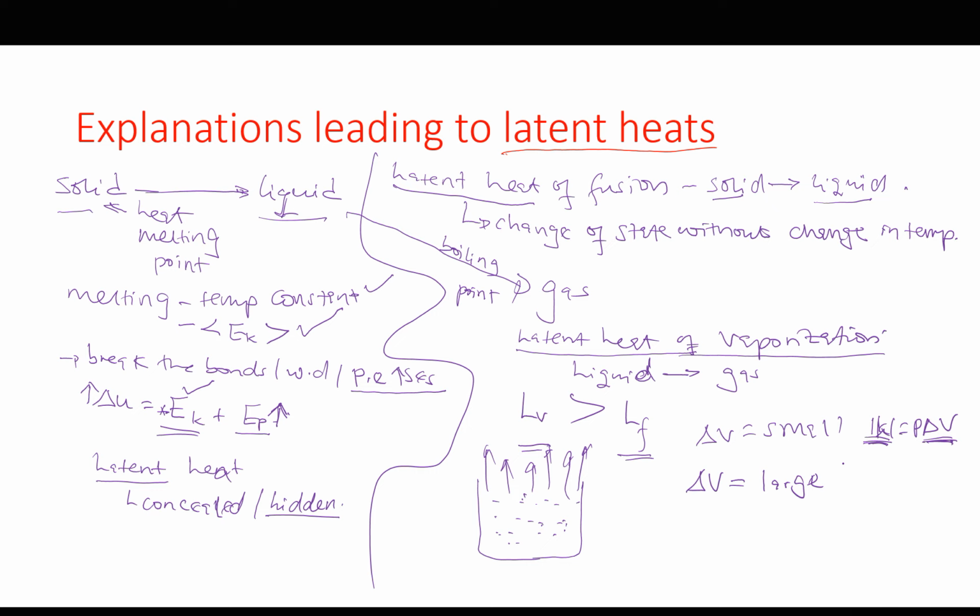Note that the volume of vapor is going to be much greater than the volume of the liquid. So it implies the volume change during vaporization is far greater than the volume change during melting. And since work done is directly proportional to the change in volume, more work is done during vaporization than during melting. I think I've tried to explain that further in detail.